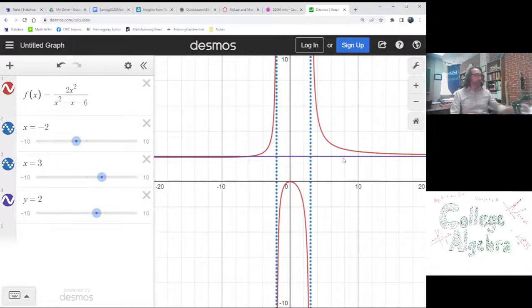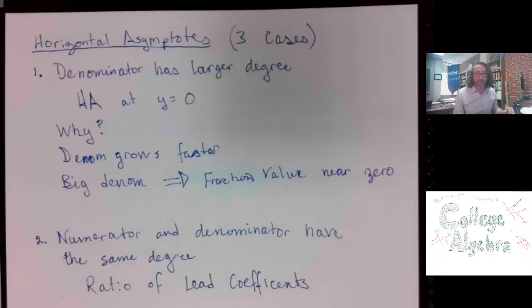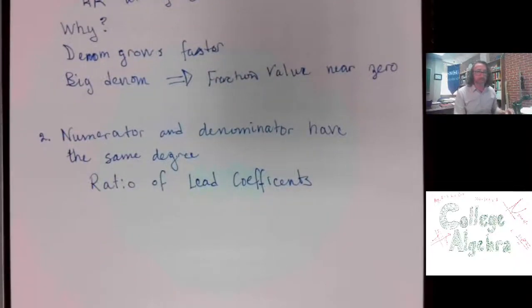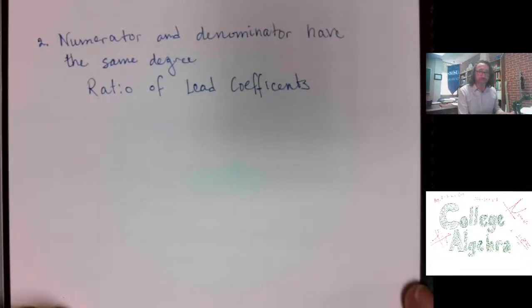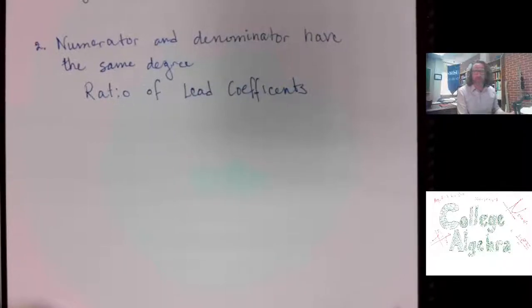Okay, so this is case 2 for dealing with rational functions and figuring out their horizontal asymptote. So case 2 is when the numerator and denominator have the same degree. And of course, we remember that when we're talking about a rational function, we mean a fraction with a polynomial up top and a polynomial on the bottom.